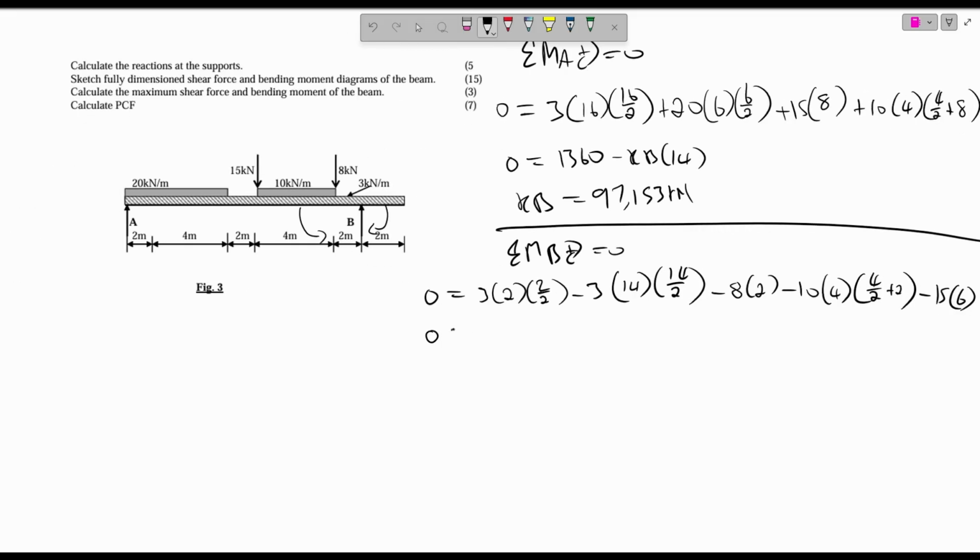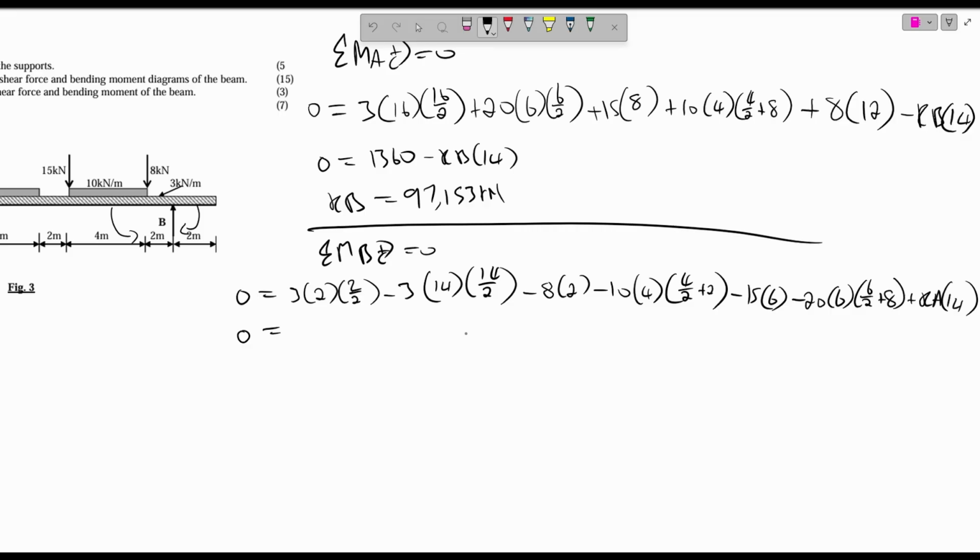Now let's equate this. 3 times 2 times 1 minus 3 times 14, 14 over 2, minus 8 times 2, minus 10 times 4 over 2 plus 2, minus 15 times 6, minus 20 times 6, 6 over 2 plus 8.